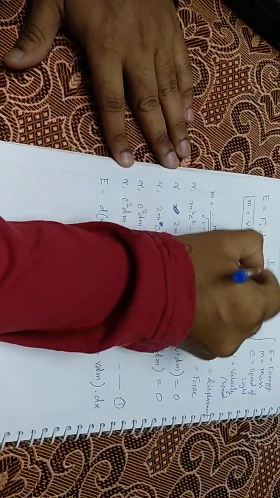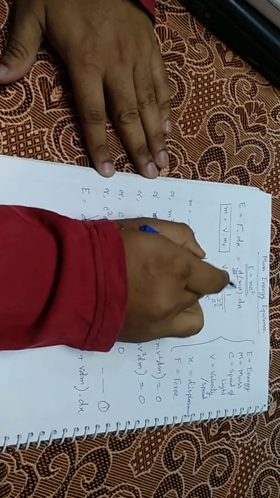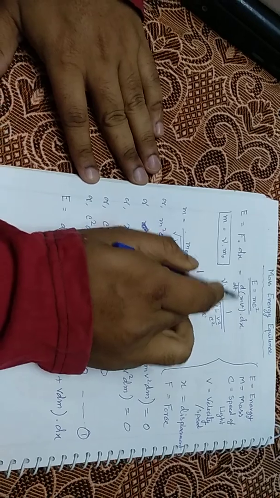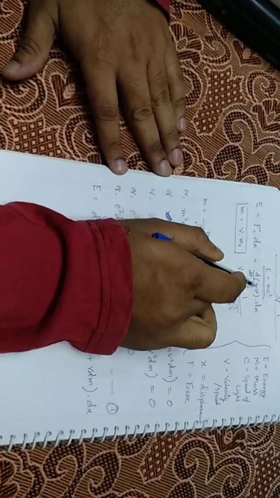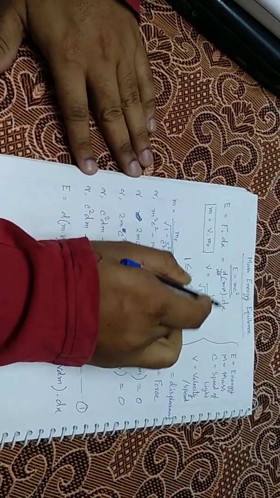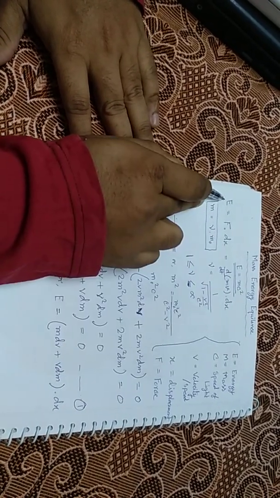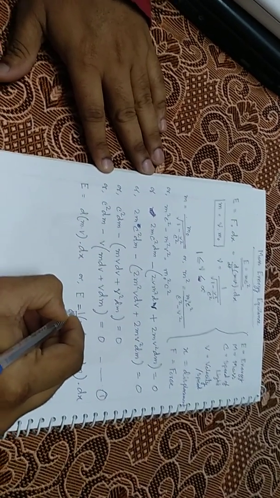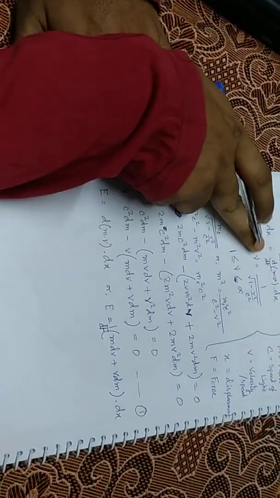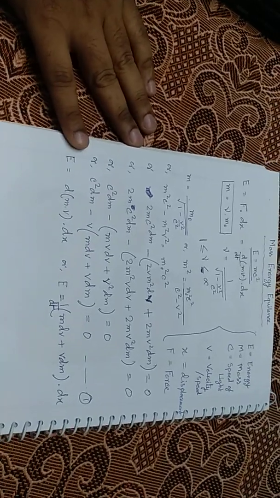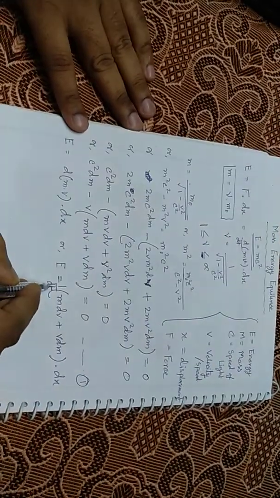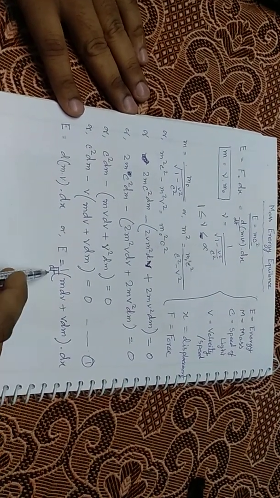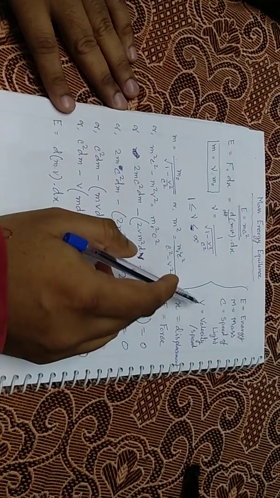I need to write dt here also, because the rate of change of momentum with respect to t is equal to force, and force times the distance is equal to the energy. So I need to put 1 by dt here, which denotes the rate. Now I have dt as the denominator and dx in the numerator, so dx by dt is equal to velocity v.